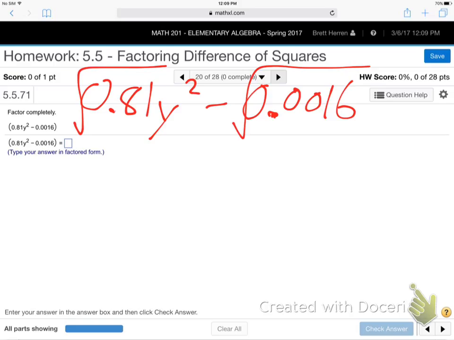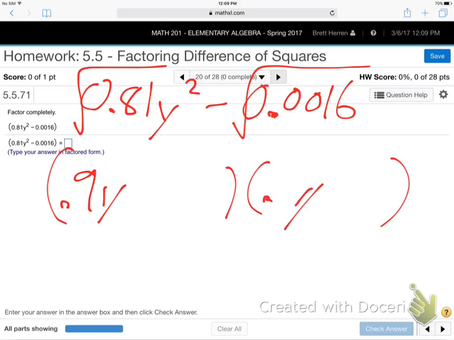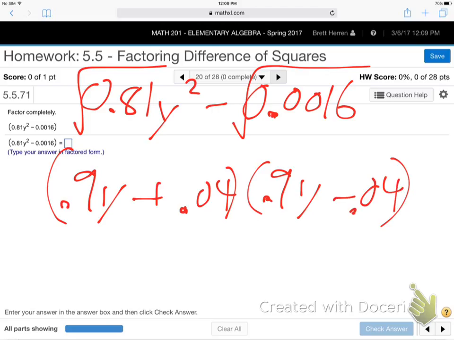That'll tell you 0.9 and 0.9 for the first, and it'll tell you 0.04 and 0.04 for the second, 1 plus, 1 minus, and you're done.